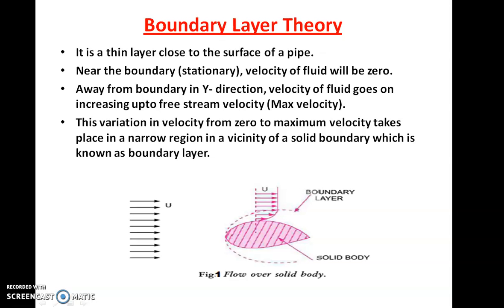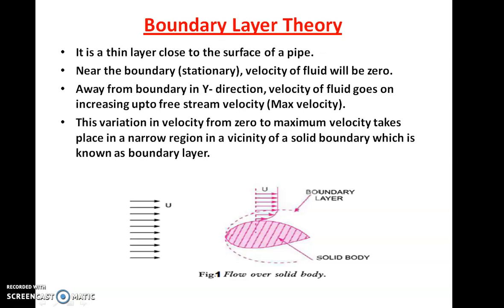If you see in the figure, there is a solid body and that body is in stationary condition. There is free stream of air or any fluid flowing over that stationary solid body.